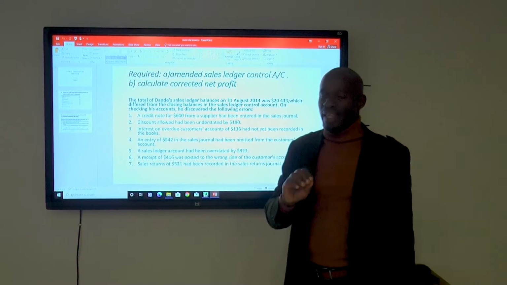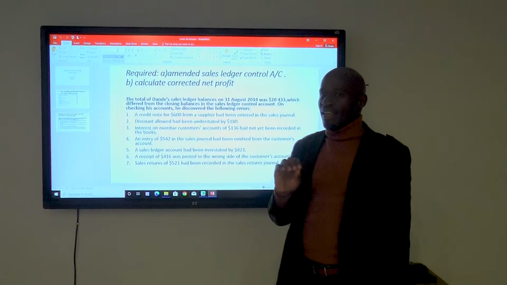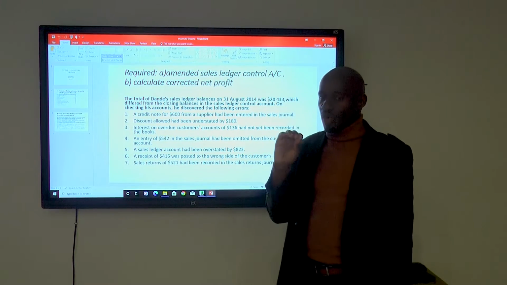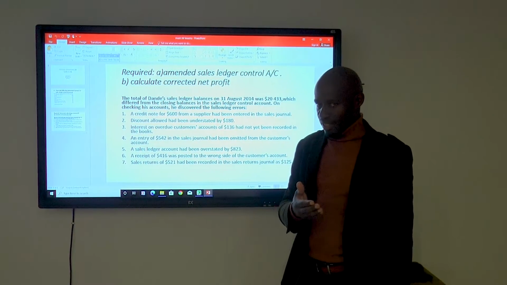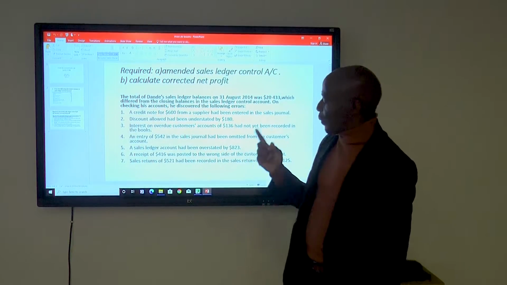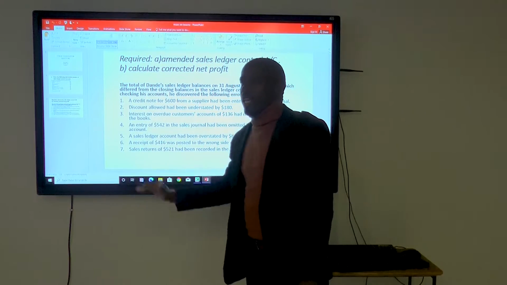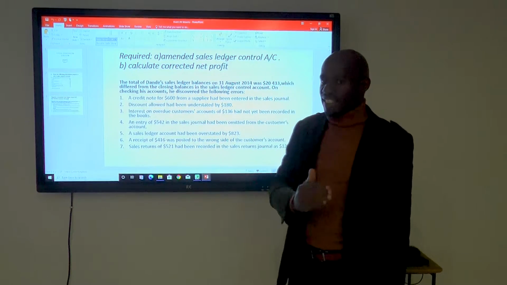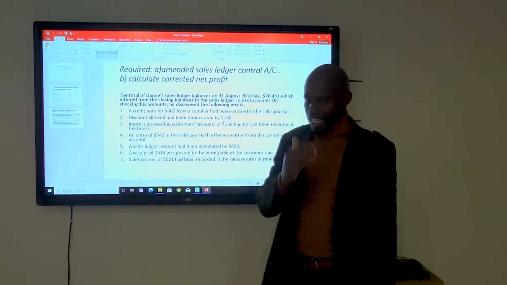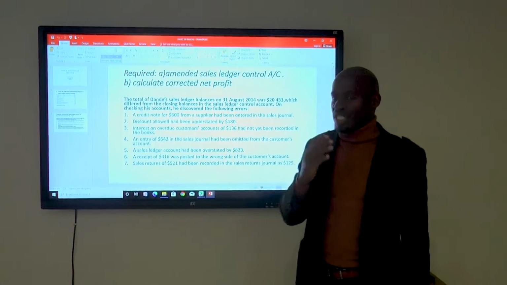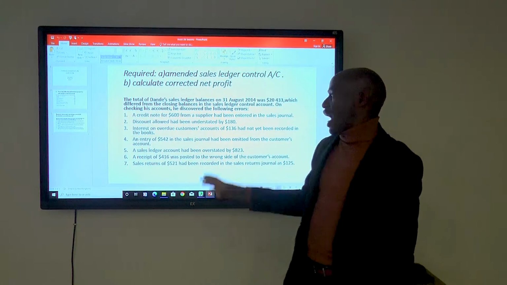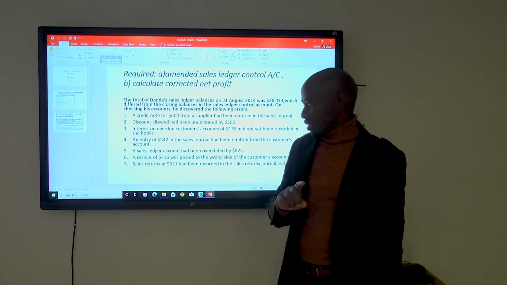Again, this error is only going to affect the personal ledger. It is only going to affect the personal account. Is it okay? So please note that errors number 4, number 5, and number 6 are not going to affect our control account balance. Hence, they are not included in the amended sales ledger control account.